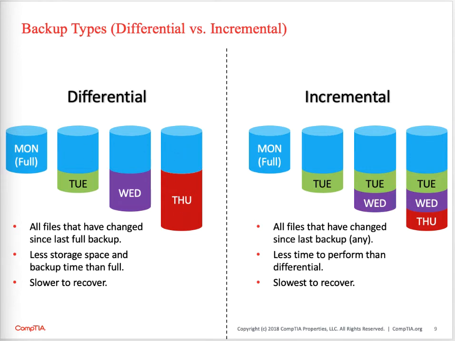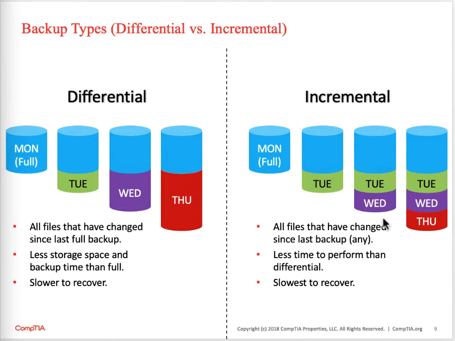However, in an incremental backup, when incremental backups are used, we're restoring the last full backup plus any subsequent incremental backup. So this is going to take less time to perform than a differential backup. It's going to include potentially less data, and then it's probably slower to recover from, right?